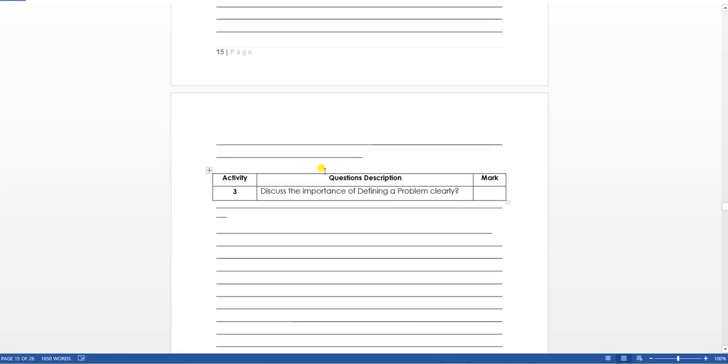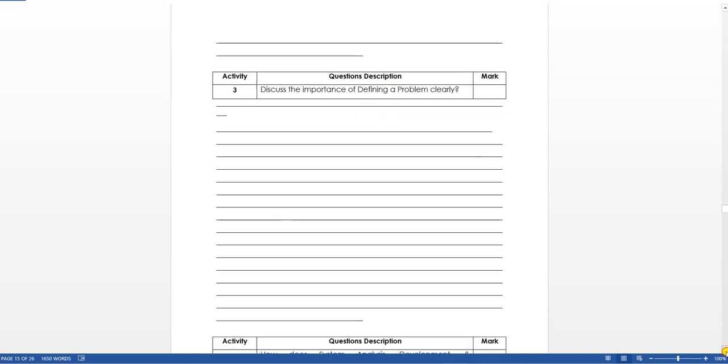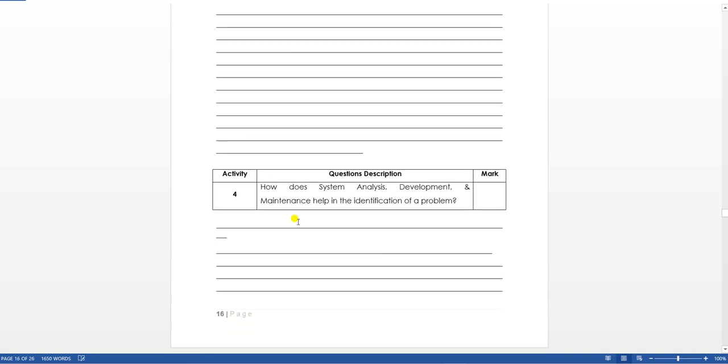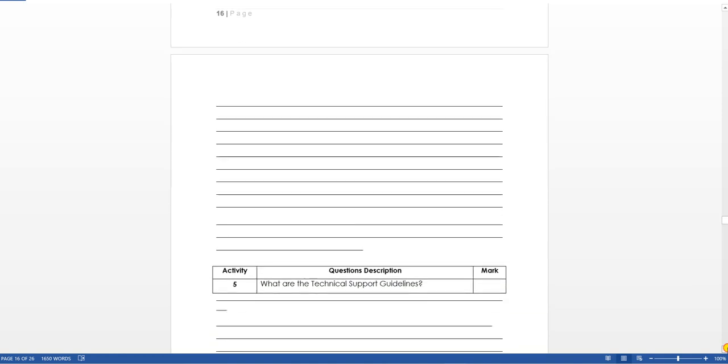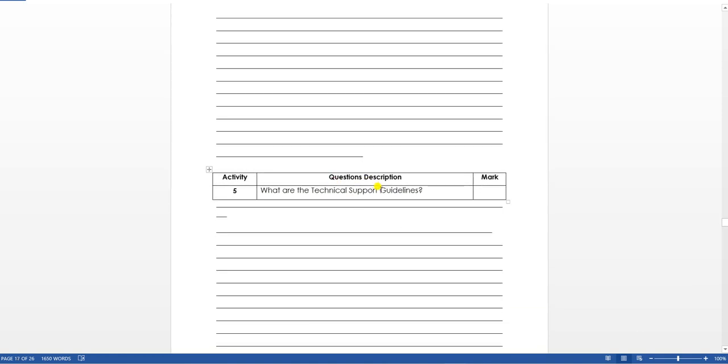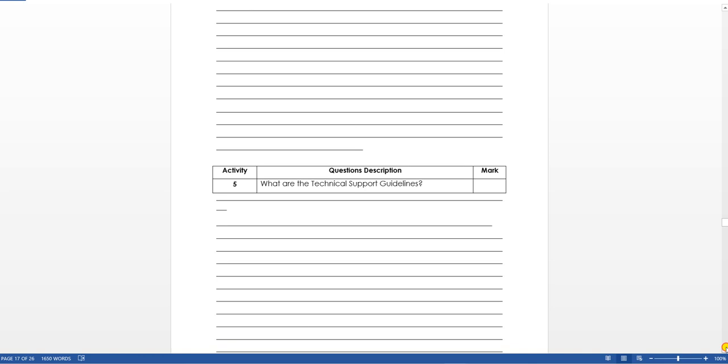And for activity 3, you need to discuss the importance of defining a problem clearly. And activity 4, how does system analysis, development and maintenance help in the identification of a problem? Activity 5, what are the technical support guidelines? That's for activity 5.